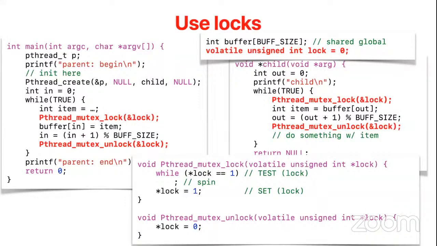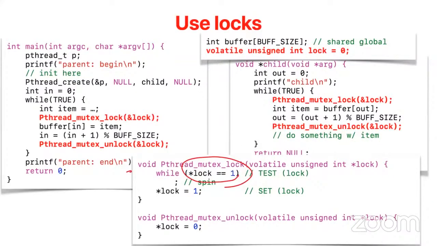A very naive solution is, what if we just use a spin lock, in a way that we have a variable called lock, and we test if the lock is currently set or not? If it's set, then we just keep spinning. If it's not set, then we grab the lock, set the lock value to be 1, and enter the critical section.